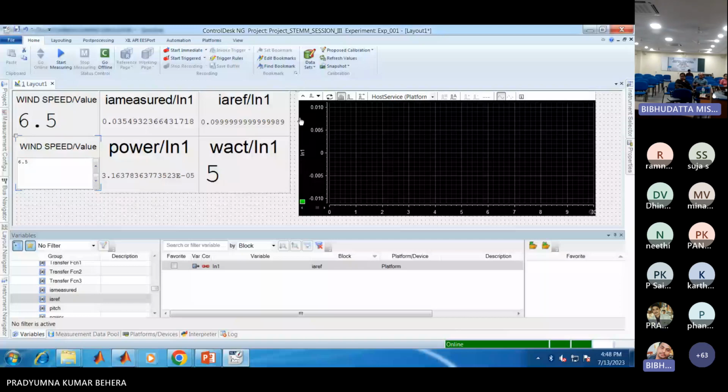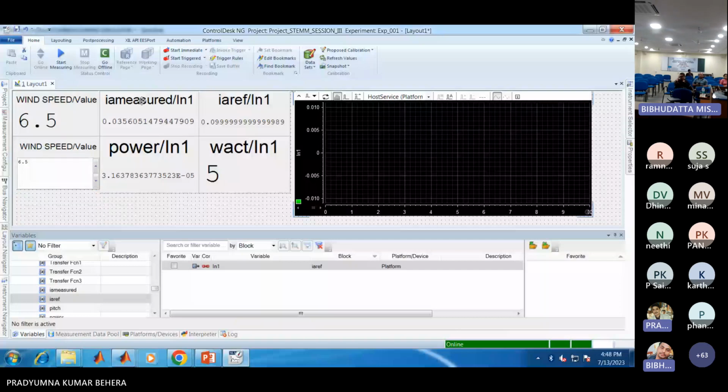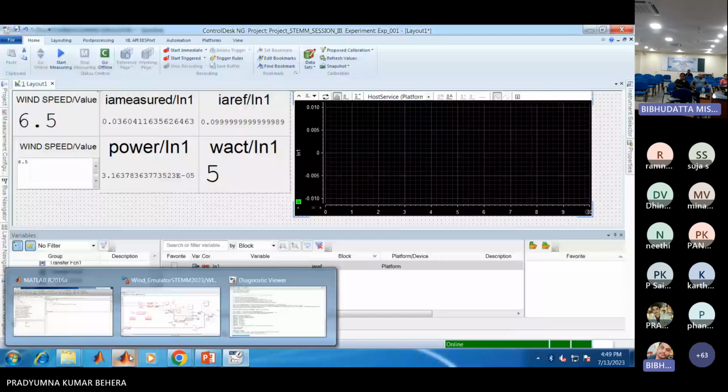Okay. Before doing this experiment, I would like all of you to see the experimental setup first. Then we will come back again here to the control desk. So for that, now I have to unshare my screen.